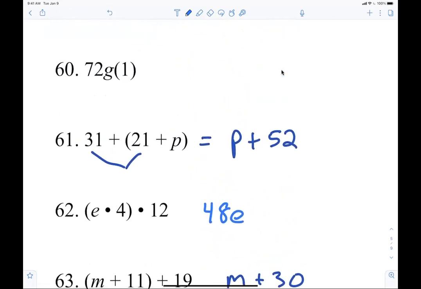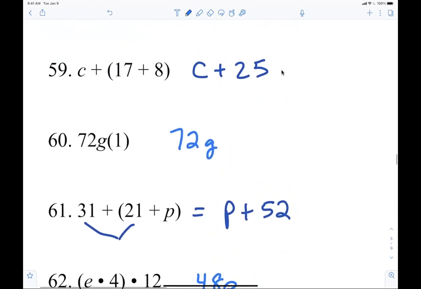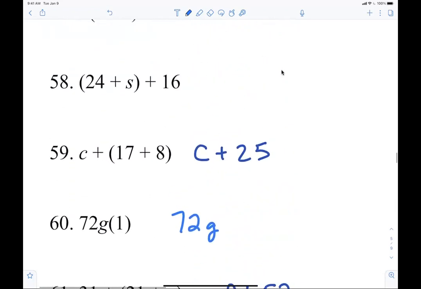For number 60, Miss Holland. 72G. 72G is perfect. All right, Sophia, you get to do 58. S plus 40. You're awesome. Thank you for listening. S plus 40. All right.